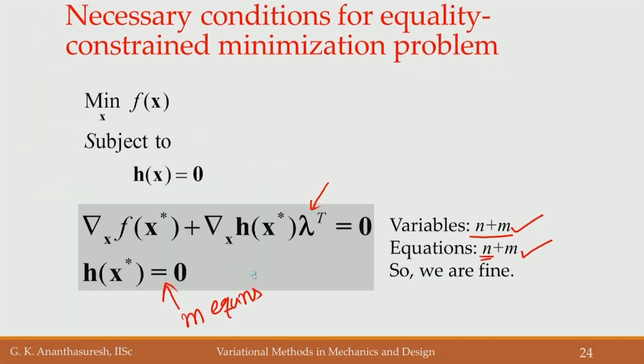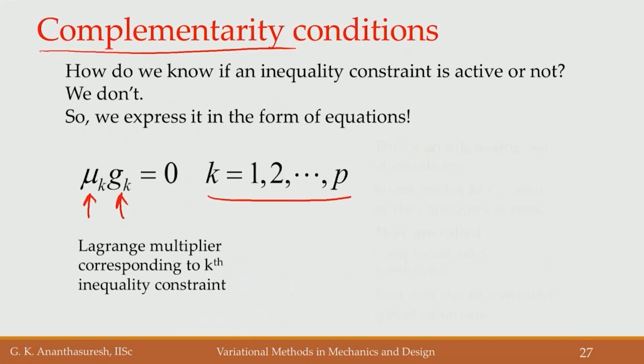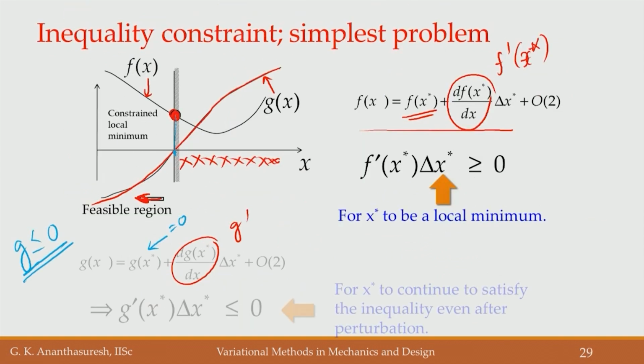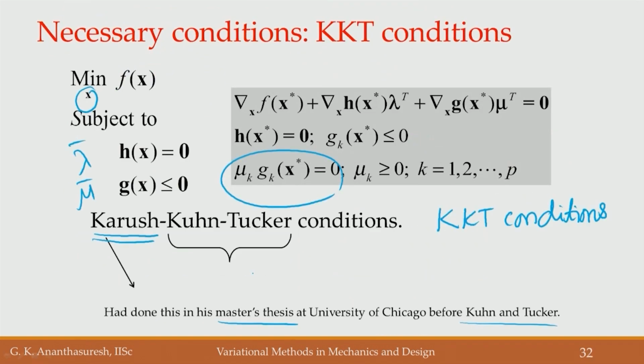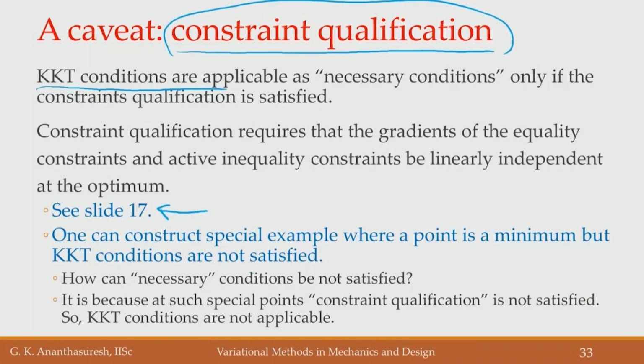So, here we put that caveat that KKT conditions are applicable when we have the so-called constraint qualification. This is slide number 20. Okay. So, that is important.